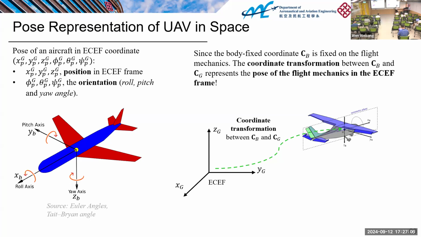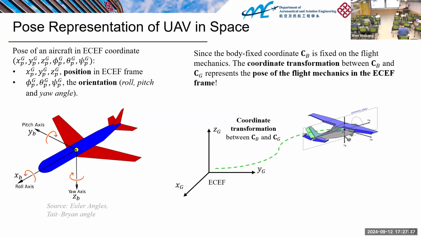Transformation means how to translate, then rotate, to make the two coordinates perfectly overlap.